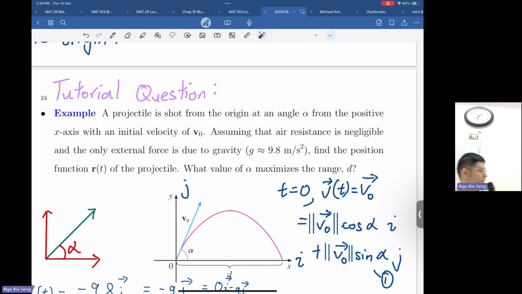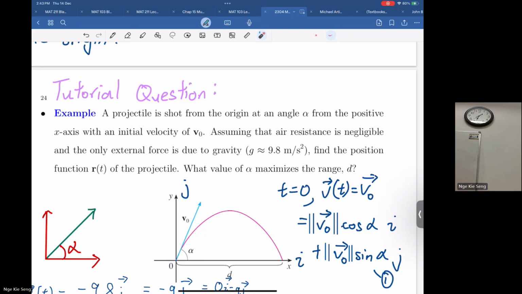You need to prove that it falls in this way. And what's the value of alpha that maximizes the range? This one is very important. For those of you who play sport, which angle is the furthest you can throw? How do you know?